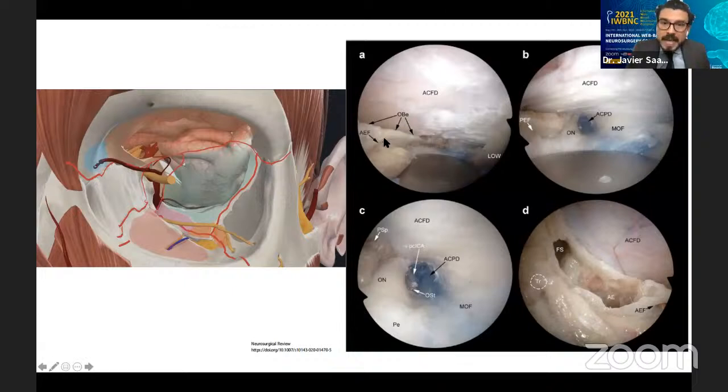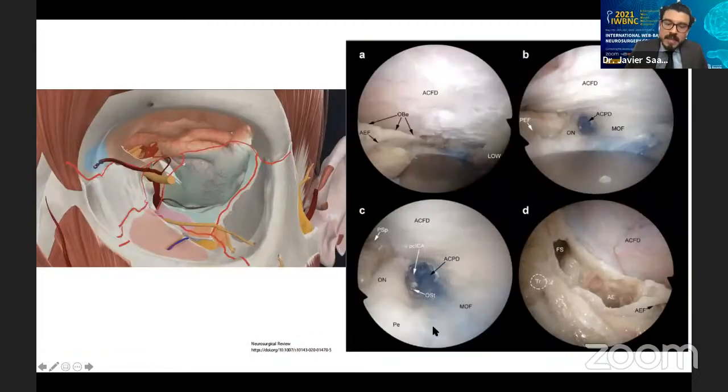Through this orbital beak, you will find the ethmoidal foramina, the anterior ethmoidal foramina, and if you keep dissecting posteriorly, you will find the rest of the foramina more medially. If you keep dissecting medially, you will find the optic nerve here and the anterior clinoid process dura mater here. This is the meningo-orbital band. And this is the optic strut, just between the optic nerve and the superior orbital fissure.